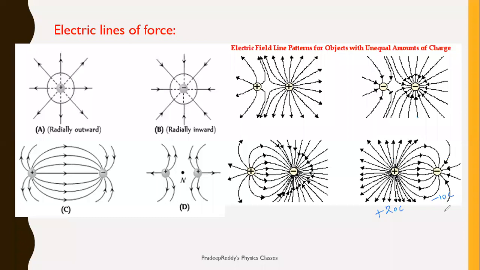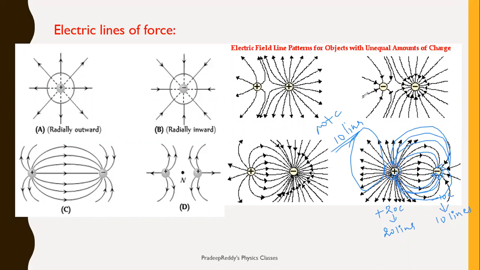Minus 10 coulomb represents 10 lines. Minus 20 coulomb represents 20 lines. Now, 10 lines coming from this positive charge will end on this negative charge, right? So those 10 lines will end at this negative charge, and the remaining 10 lines are not closed by the negative.